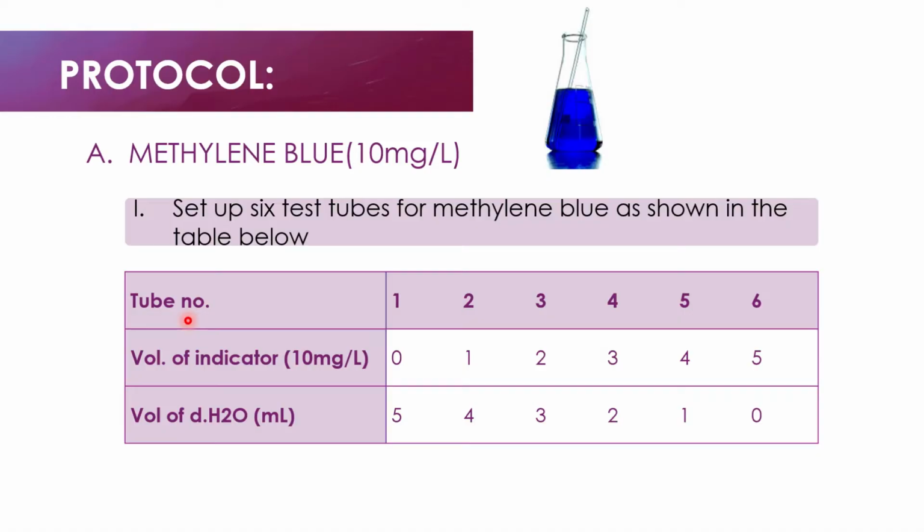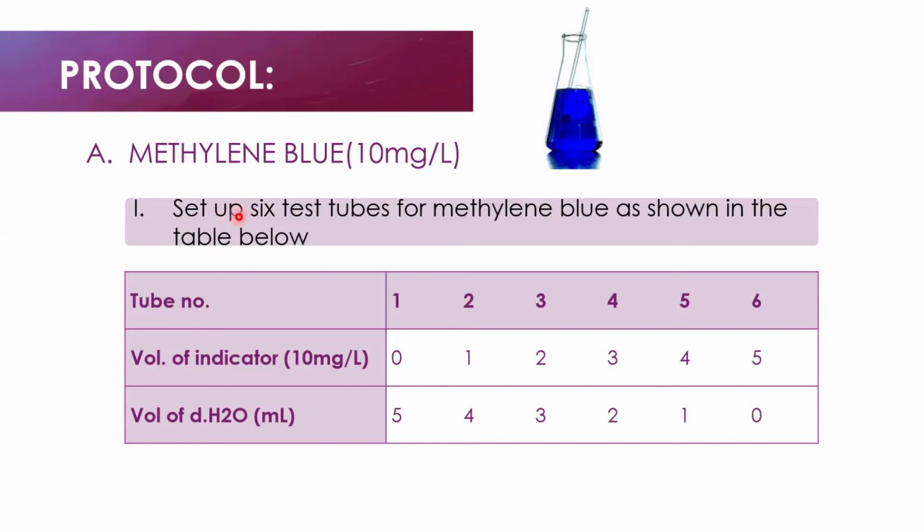And also, for the second part, we will plot a calibration curve for the methyl orange, and we will use the calibration curve to extrapolate the concentration of the methyl orange in the unknown mixture. So let's start with the methylene blue.